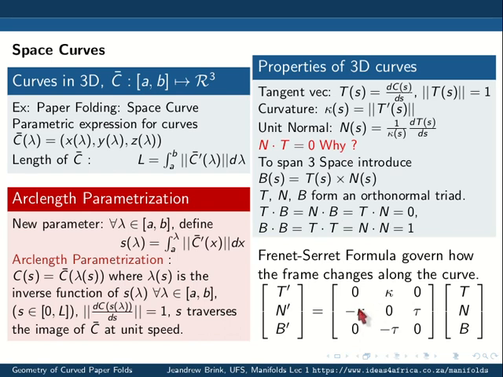So for example, if you go to T dot N and you differentiate it, you get T prime dot N plus N prime dot T is equal to 0. And therefore, just by comparing that result, you're going to find that this thing is minus that one. So that's where that result comes from.